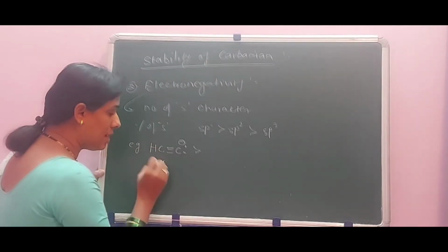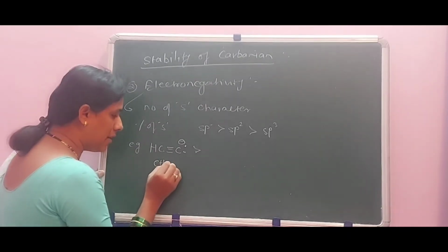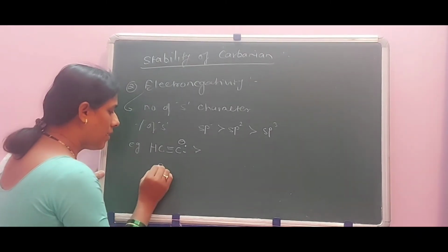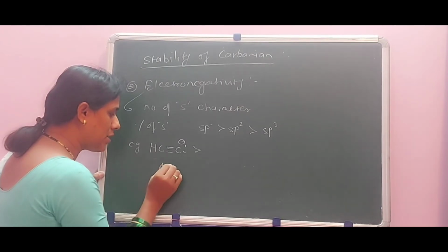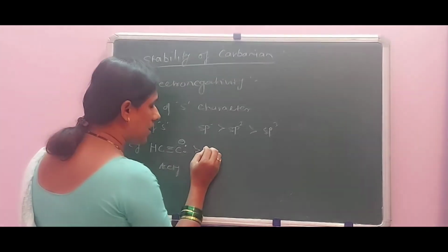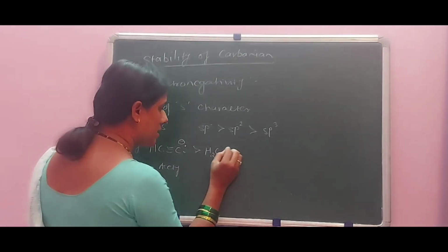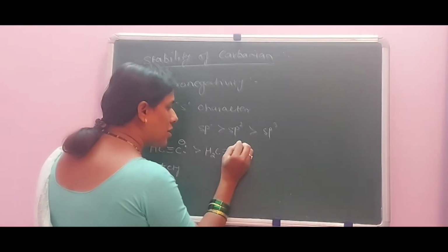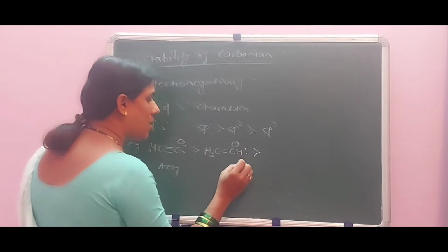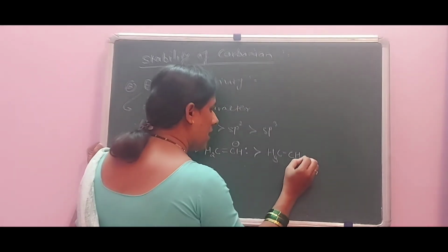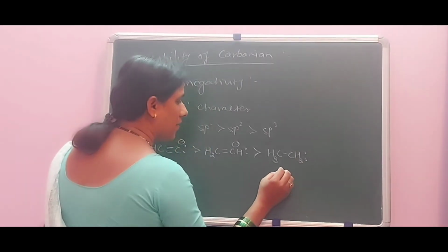this, which is an acetylene linkage. This is greater than the ethenyl anion, CH2=CH⁻, with the negative charge electrons here, and then CH3CH2⁻ here.